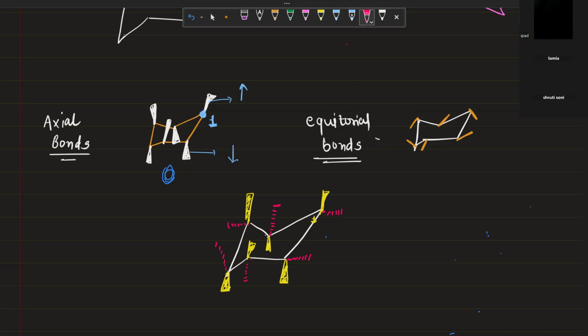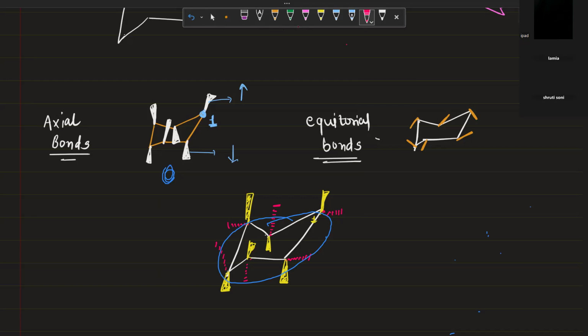What I meant, ma'am, was the actual image itself, the full structure. Do I have to draw it very precisely? In the structure, you need to know which bonds are axial and which are equatorial only.